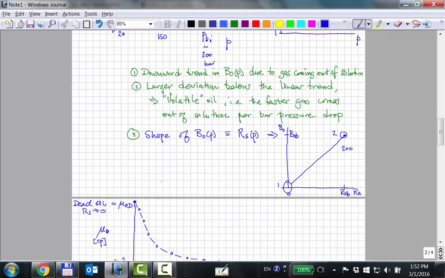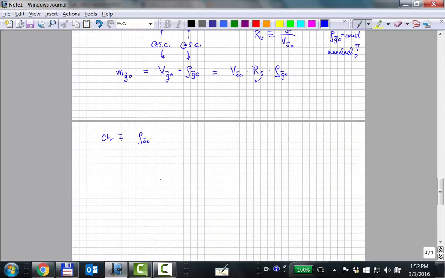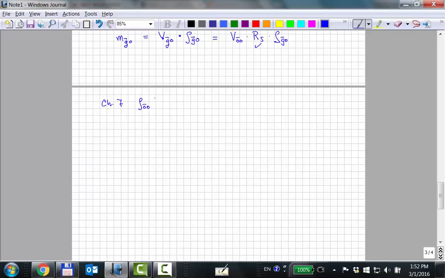You just have to ignore the variation. In reality, this is a function of pressure, as is this. It's ignored, and instead we just use some constant value.